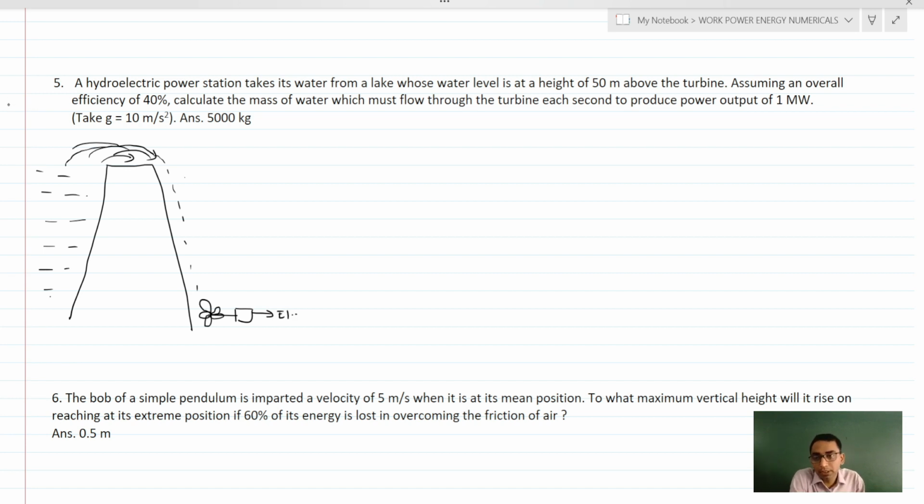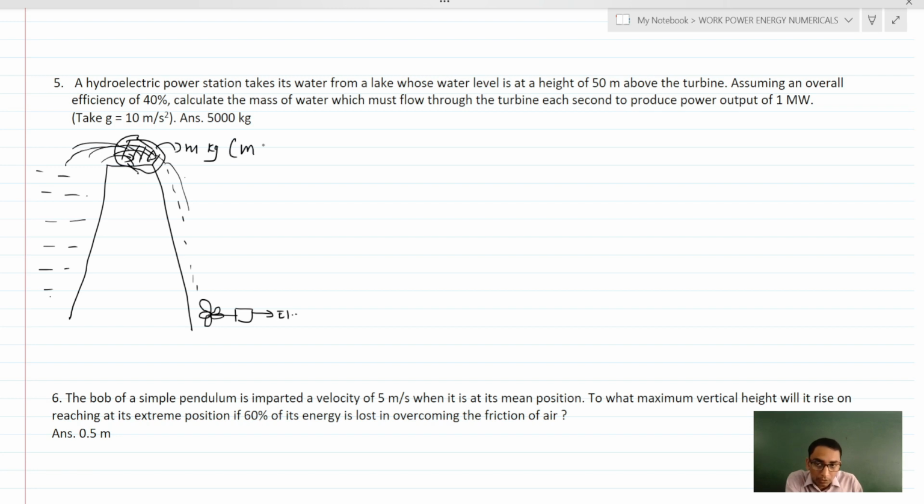But if you look carefully, what is happening, some mass of water, let's say m kg of water, is falling on this turbine, correct? In 1 second, please understand, in 1 second m kg of water is falling.